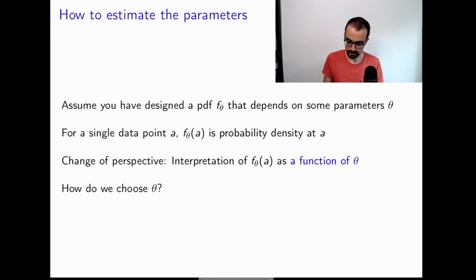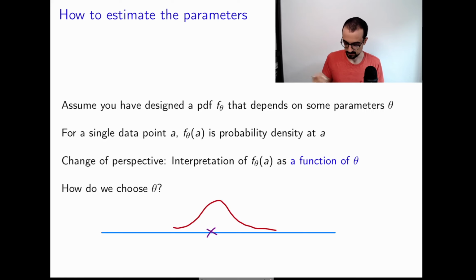Maybe let me draw a simple picture. So here let's assume that we have a single data point, which happens to be here. And now we want to fit a Gaussian to it. So let's see if I can draw a Gaussian. My drawing skills are extremely terrible. Okay, so that's a Gaussian.